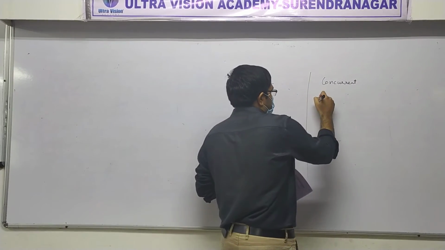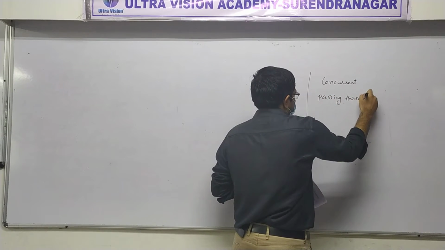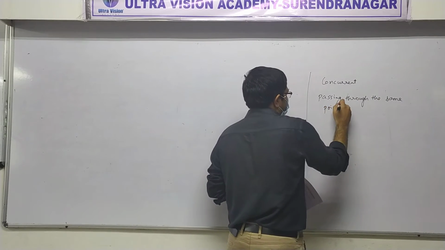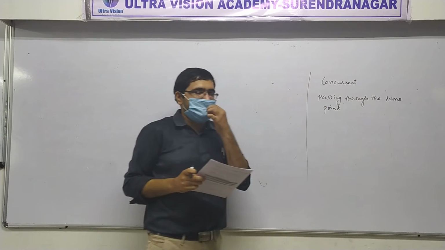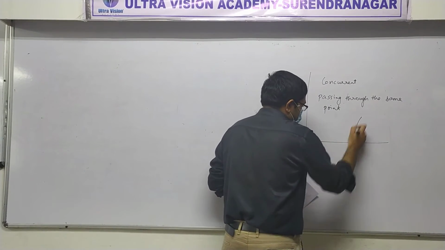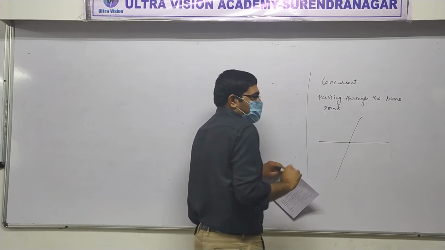Concurrent means passing through the same point. Actually, this word you would have studied in geometry. Two lines intersect at one point. This is called point of intersection.